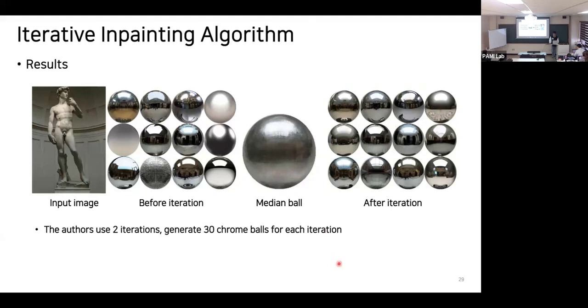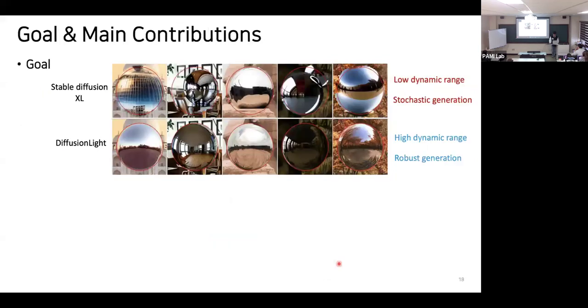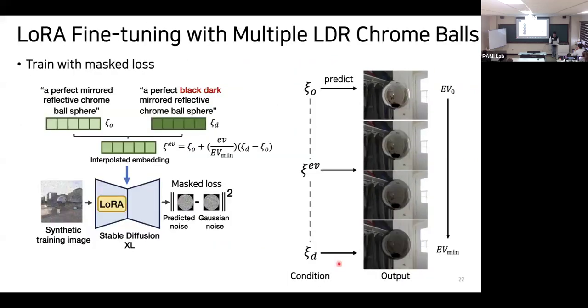So please, can you go to the page related to LoRA fine-tuning? Here. So here they condition the model on an interpolation of the original one and the dark one, right? Yeah, right. Using this.